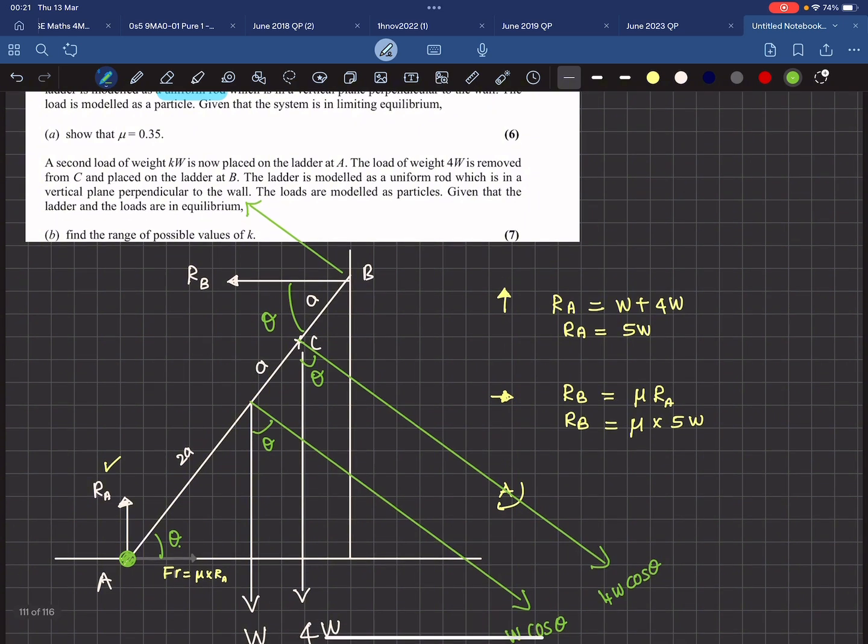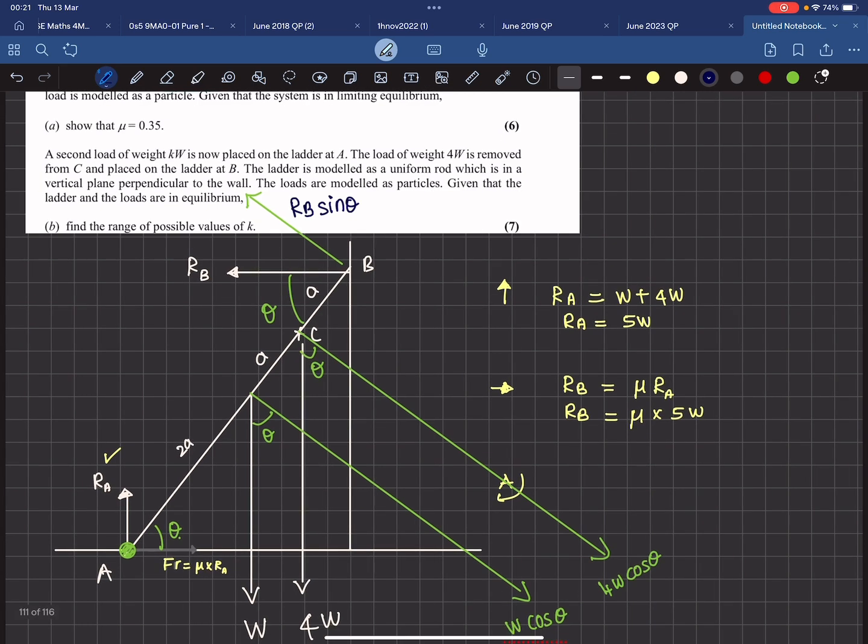Now, when RB moves along the ladder, and then this makes the 90. So if it's moving this way, it's moving theta, that would be RB cos theta. But I'm not interested in that line. I'm interested in this line. The perpendicular line is what I'm interested in for moments. So that is going to be RB sine theta.